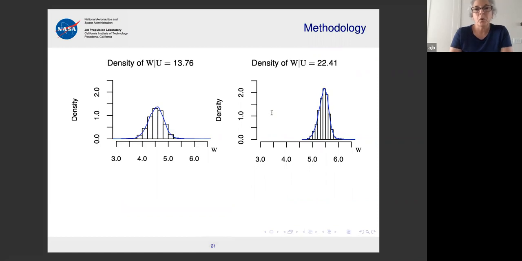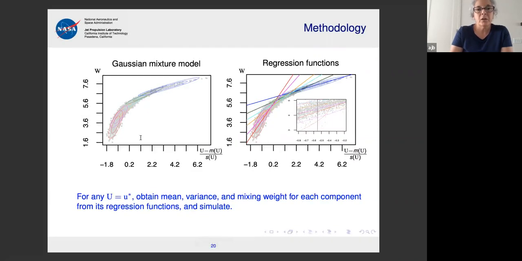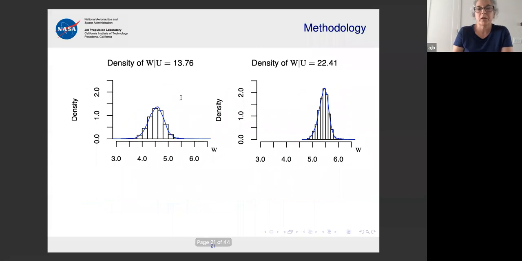So if I chose a new U down near this part of the distribution over here, I would expect its spread to be greater than if I chose one over here, and that's what I was trying to show here. So if I take those two slices out of that Gaussian mixture and plot them marginally, this is what I get. It looks pretty reasonable.